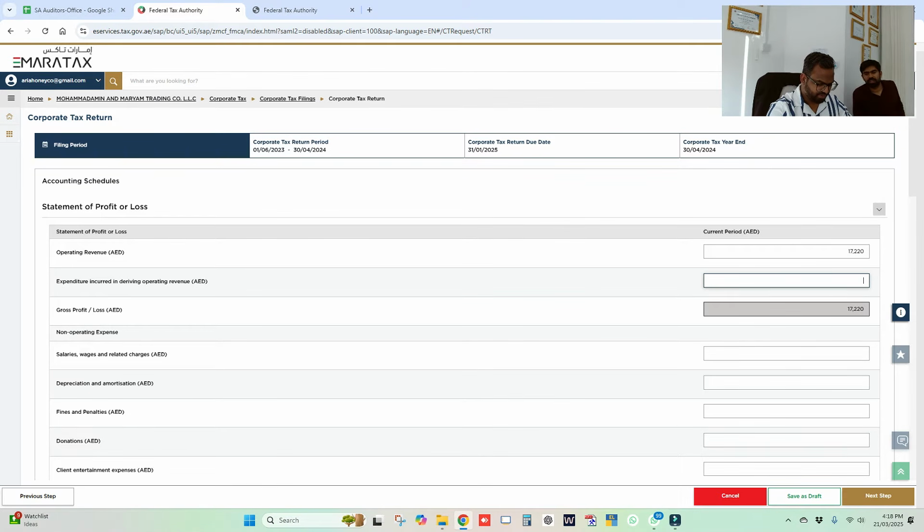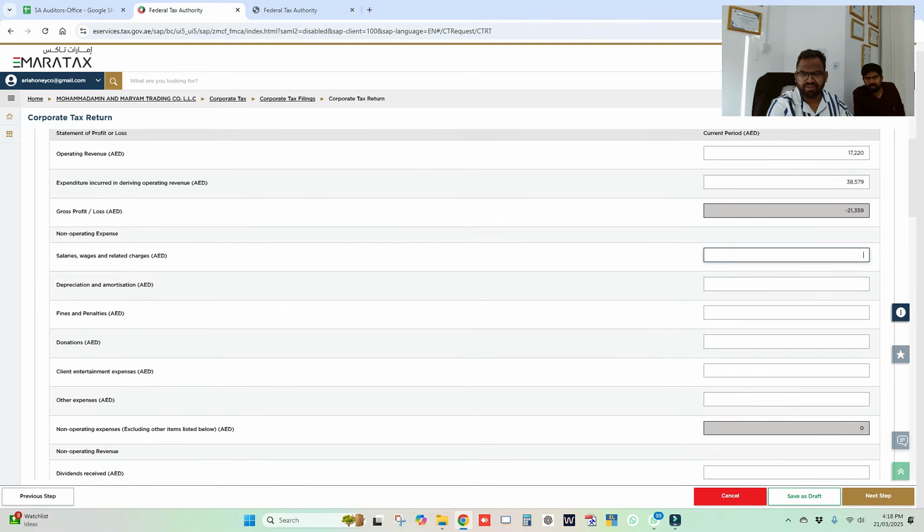We have purchases of 38,578.46. It should be COGS, cost of goods sold, or cost of sales as we call it. Salaries, wages, anything we have? No. Very small client, so no.